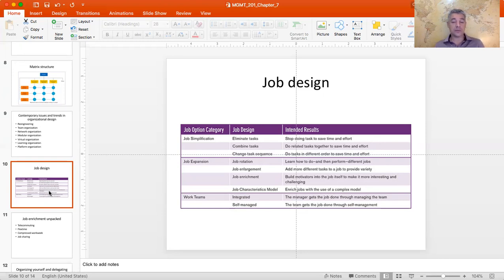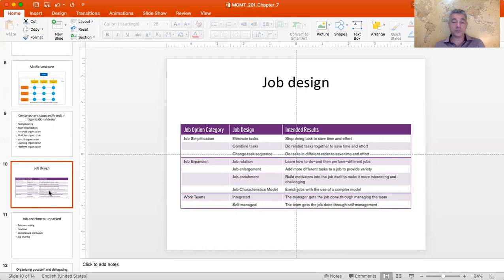There are three basic approaches, I would say, that have to do with job design as such: job simplification, job expansion, and work teams that, if you do them right, will increase effectiveness of your organization.